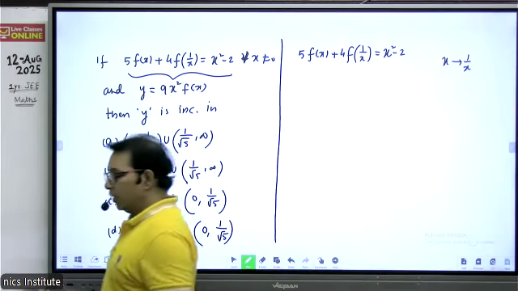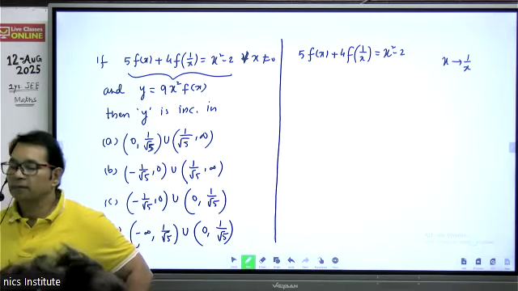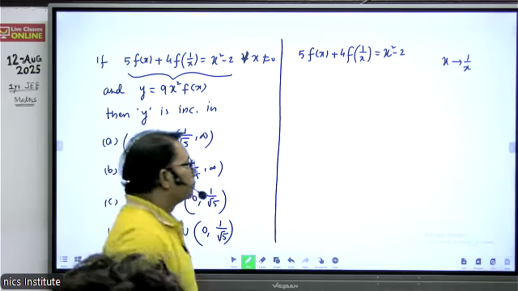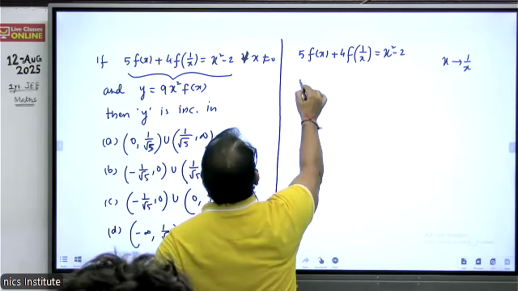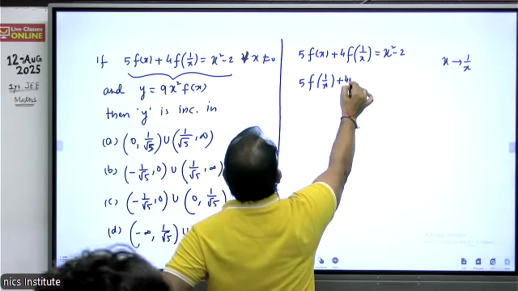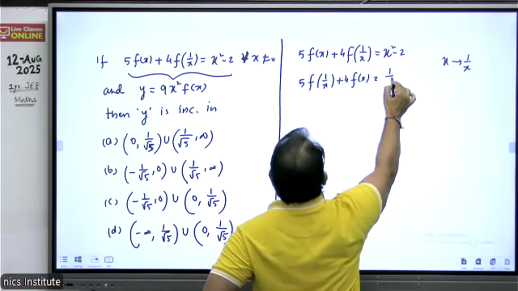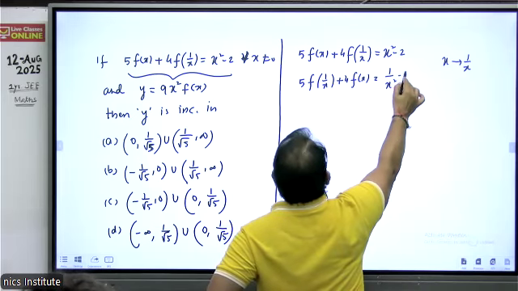In the entire equation, replace x by 1 by x. What will be the benefit? This would be 5 into 1 by x. This would be 4 into x. This would be 1 by x square minus 2.